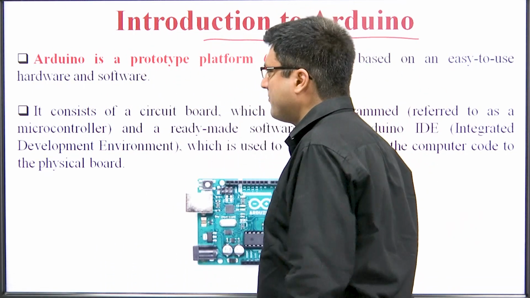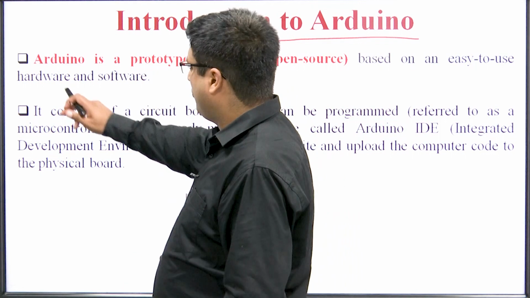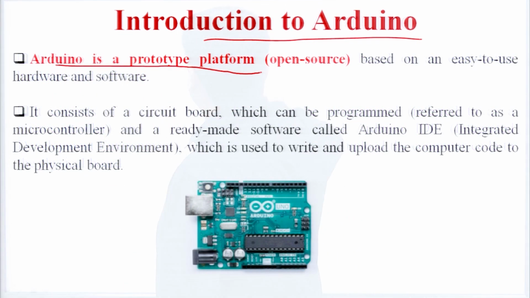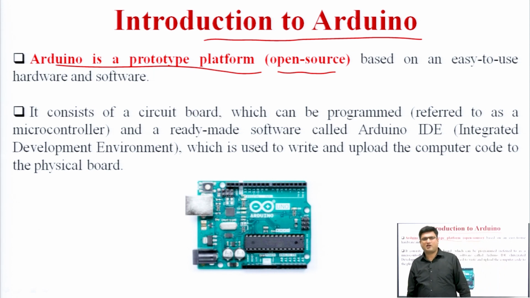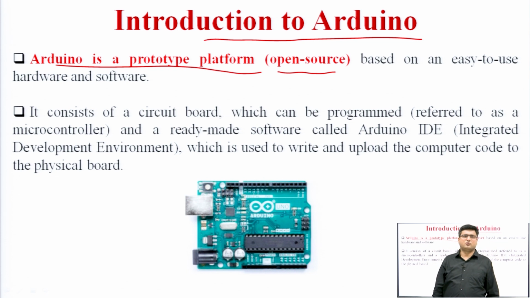Arduino, basically, is a microcontroller. Arduino is a prototype platform. What is the meaning of prototype platform? It means that after designing the circuit, one can create a prototype on this platform. It is available as open source, it is not a licensed version, and you can use the IDE for programming, as we will see in this lecture.